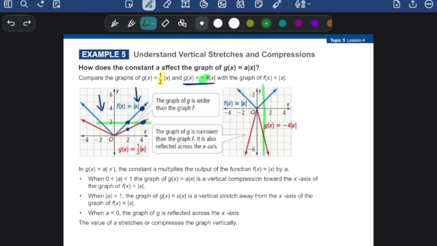So at x equals 1, originally, my output was at 1. If I flip it, then it should be at negative 1, but then we're multiplying it by 4. What's 1 times negative 4? It would be at negative 4. So our output has become the opposite and multiplied by 4, so we've stretched it vertically. We have flipped it and stretched it vertically. So it should be skinnier or narrower.